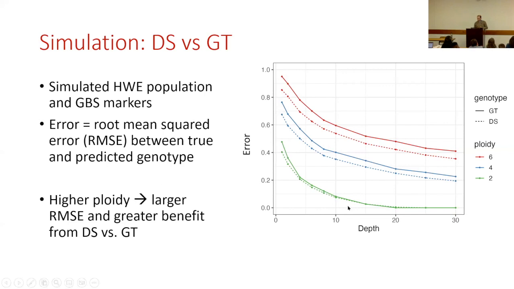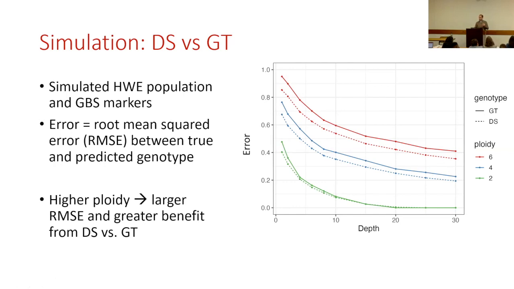You can see for the diploid, you have to be at pretty low depth, like just a couple reads, otherwise the difference between the GT and the DS is negligible, which is probably why you don't hear a lot about this outside of the polyploid community, because usually you have more than a couple reads per sample. But you can see for tetraploids and hexaploids, the difference persists up to very high read depth, which is what many of you already know.